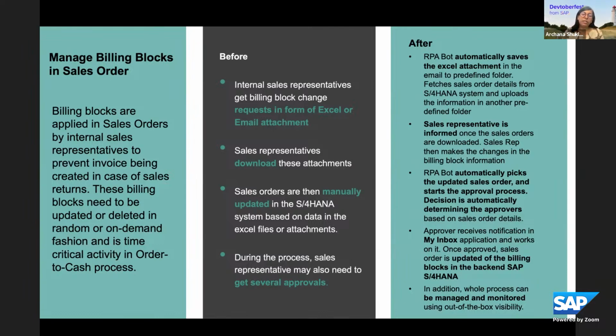In this particular template, it will find the sales orders. You will give a range of sales orders, and it will fetch those sales orders from the backend S/4HANA systems. It will also ensure that all the necessary investigations and approvals are done before the sales order is finally updated in the backend system, and that too without impacting the delivery.